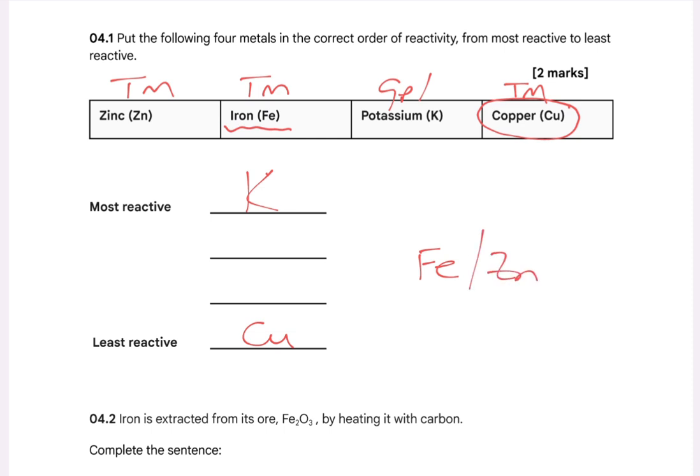Now, we have to have a bit of a think here about whether iron or zinc is more reactive than each other, but one of the uses of zinc, again this comes back to a kind of general knowledge and an appreciation of something such as rusting of the iron, and zinc is used as a galvanizer for iron and can be used in sacrificial protection of iron depending on the way in which it's used. But zinc does that by offering itself up to oxygen so that the iron is not corroded.